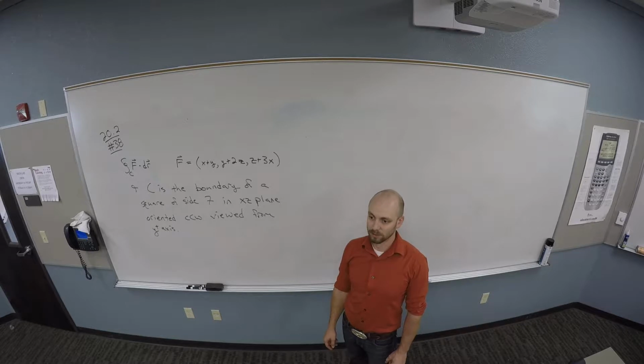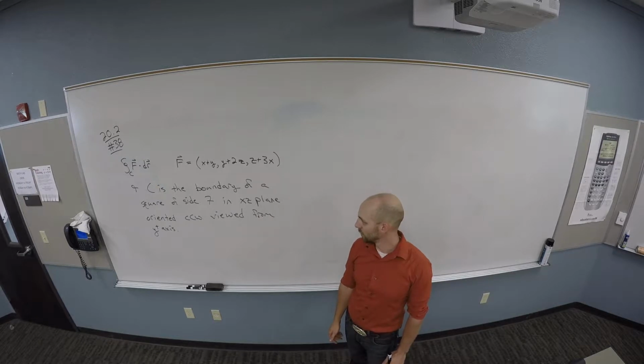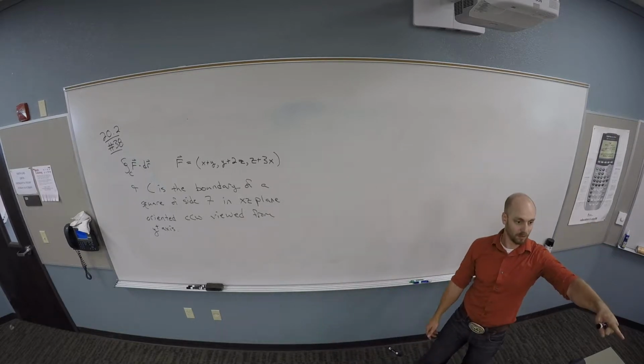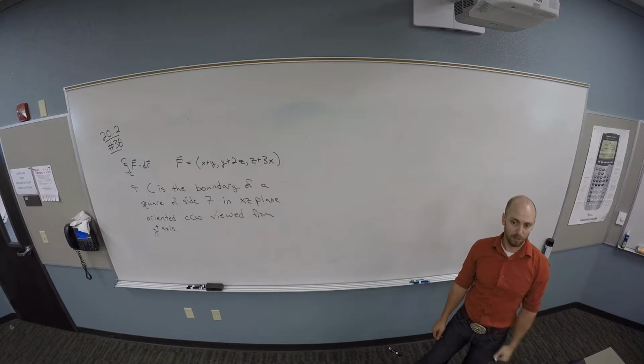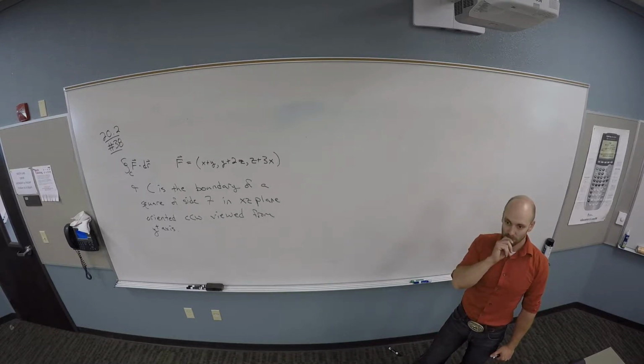Okay, so, thoughts? You could do Green's here, right, because you're in a plane. Yeah, I'm in a plane. I could maybe think about applying Green's there. This isn't very easy.